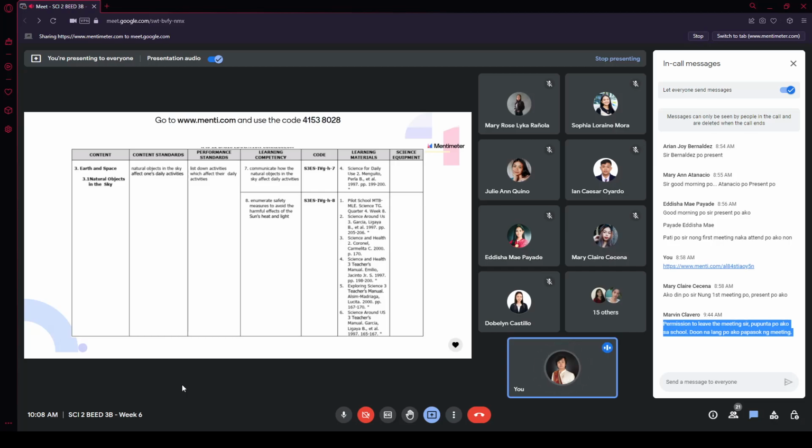Because if we're tired, we have to go to sleep, or if they stay too long out in the sun, they might get heat stroke. Okay, so that's the different content standards for grade 3.